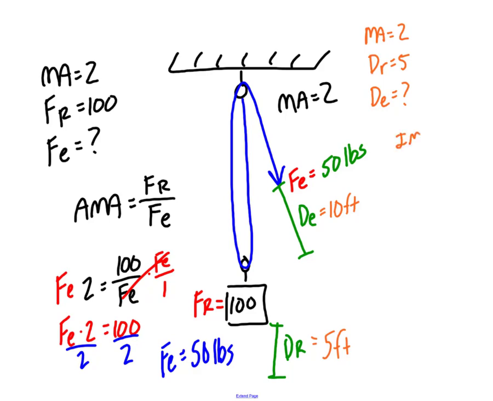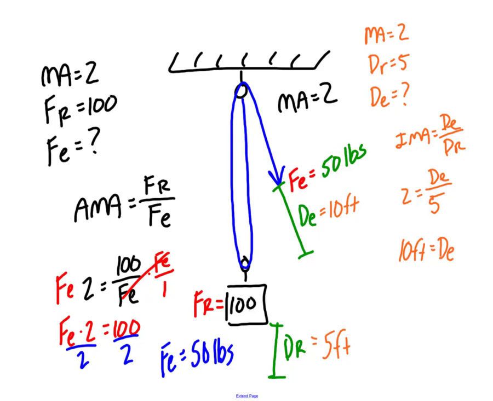So IMA equals DE over DR. We get 2 equals DE over DR, which is 5. 2 times 5, 10. We get 10 feet.